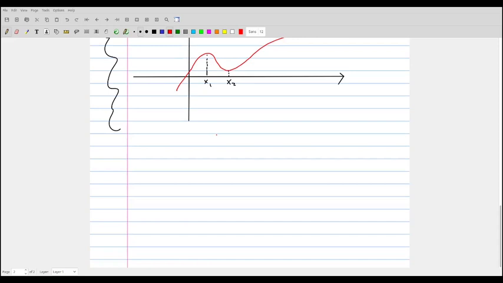We want to remember what the second derivative test tells us, and why the second derivative test works. You'll remember from a previous calculus course the idea of a Taylor series of a function. Let's consider the Taylor series approximation of this function around the critical point x2.